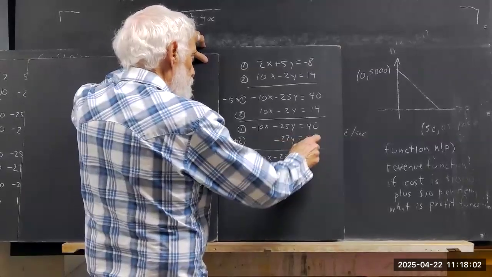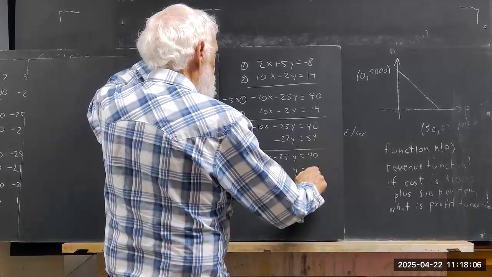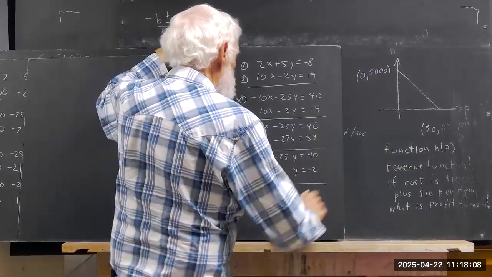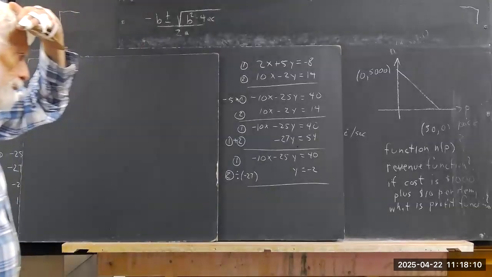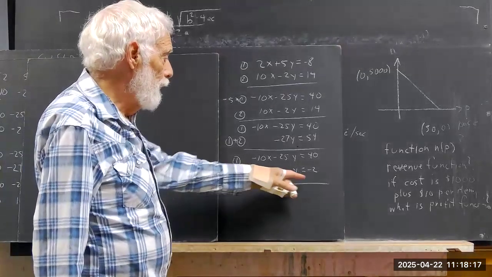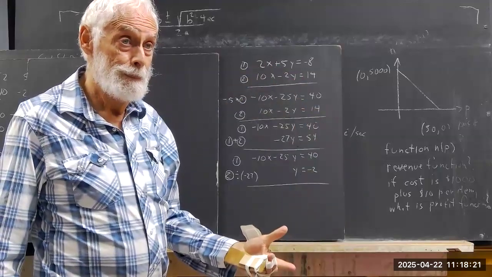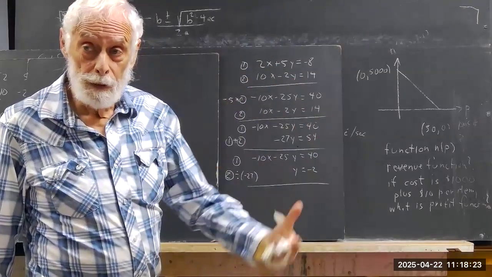If I divide -27y by -27, I get y. If I divide 54 by -27, I get -2. Okay. Now, at this stage, I can always substitute y equals -2 back in here and get x, right? And I'm going to do it a little bit differently.